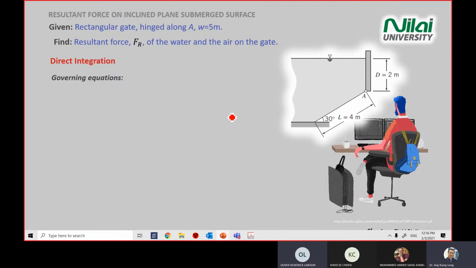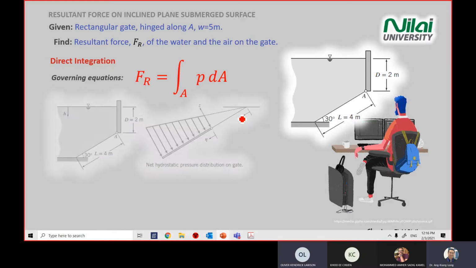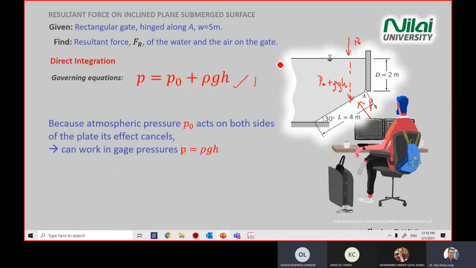Okay, what I'm asking is, what is the formula for pressure? P equal to this one, P0 plus rho GH. This is the one I'm looking for. Yeah, I was doing a different equation from the one you gave me yesterday.